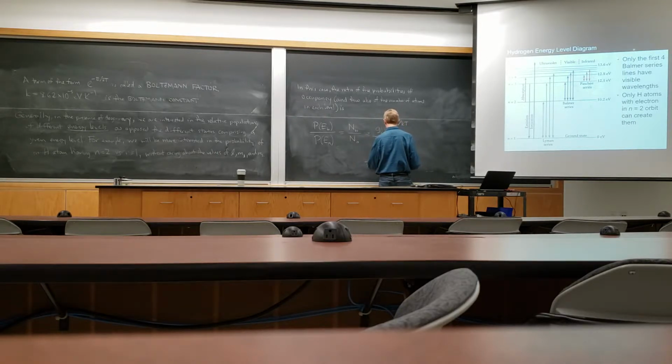Or in other words, it's GB over GA times that same exponential, e to the minus EB minus EA over KT. And this beast is the Boltzmann equation.